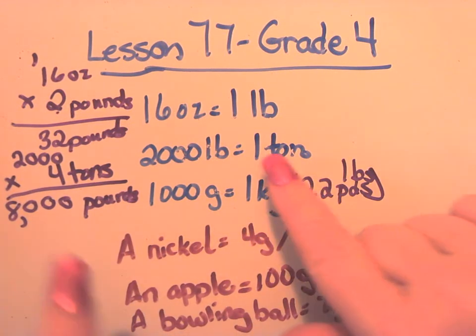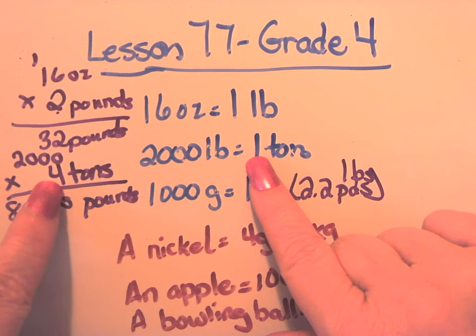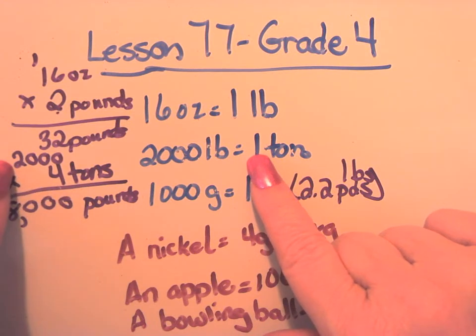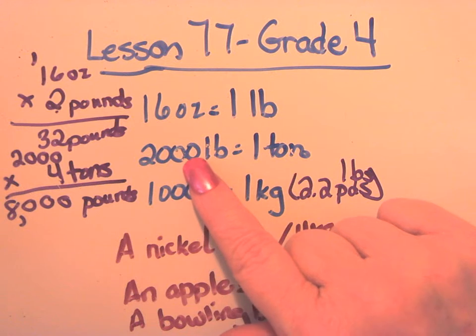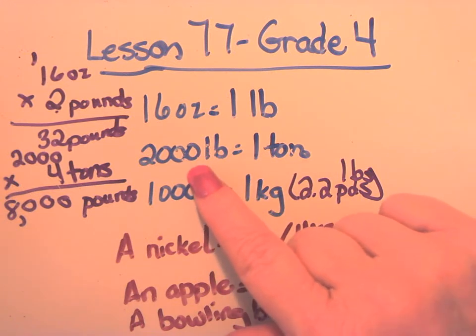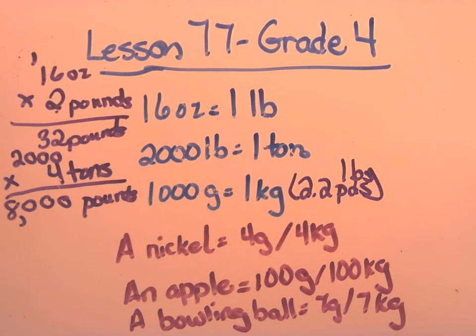Okay, because for every 1 ton, I have 2,000 pounds. I have 4 tons, so I need 4 of these groups. And so then I'd have 2,000, 4,000, 6,000, 8,000, and I get to my 8,000.